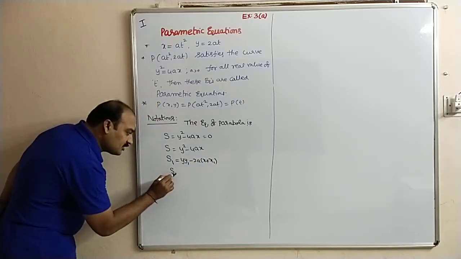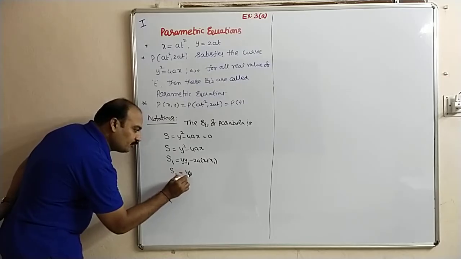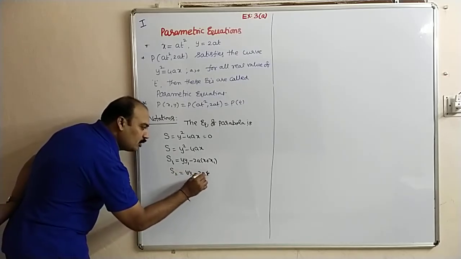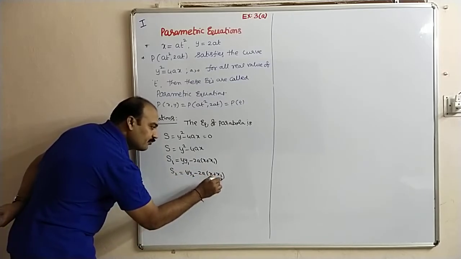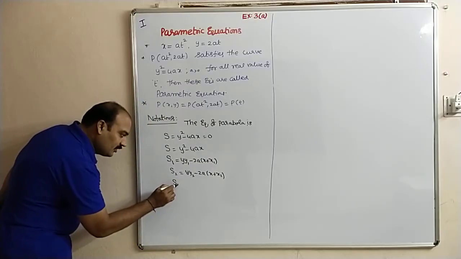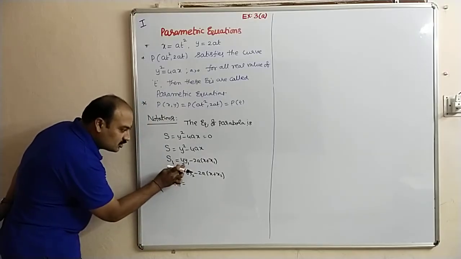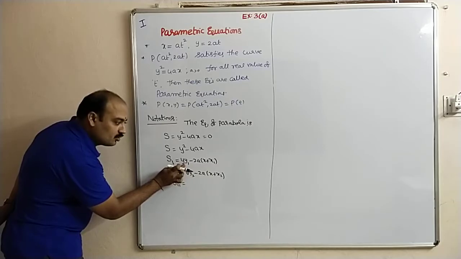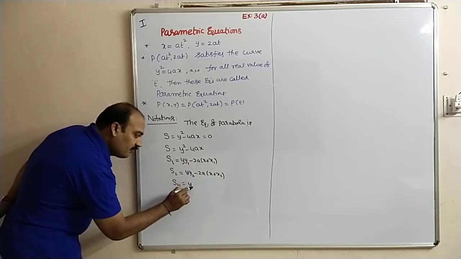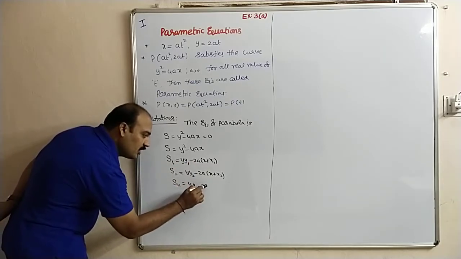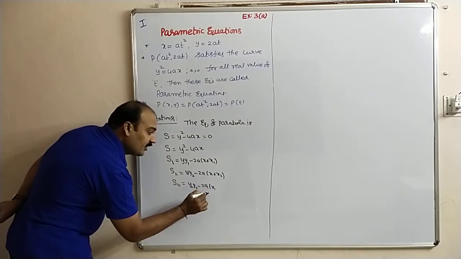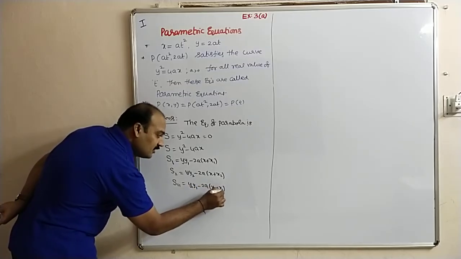Similarly, if you want to write S2, it is y2 minus 2a into x plus x2. S11: here also, in place of x, y substitute x1, y1. So y1 minus 2a into x1 plus x1.